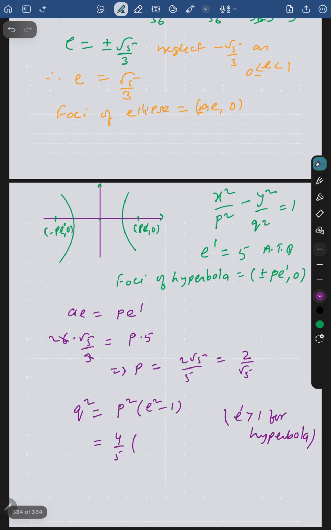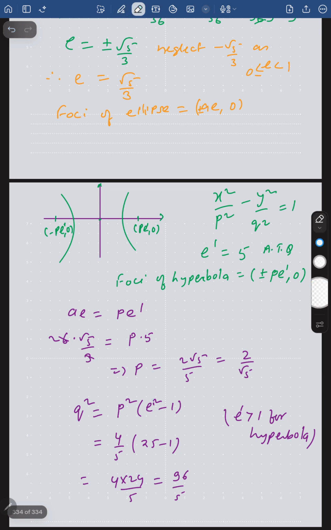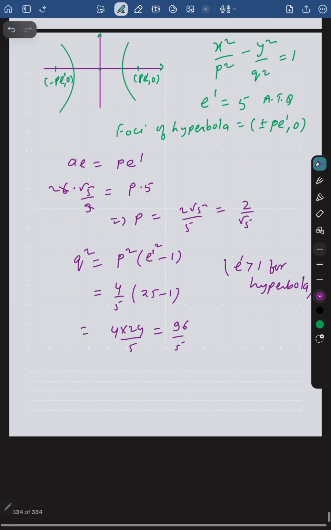We are using e dash over here. So e dash is 5, 25 minus 1, so it will give you 4 into 24 upon 5, that is 96 upon 5. So you have got q square, p square and e dash, so you know the complete equation of the hyperbola also.